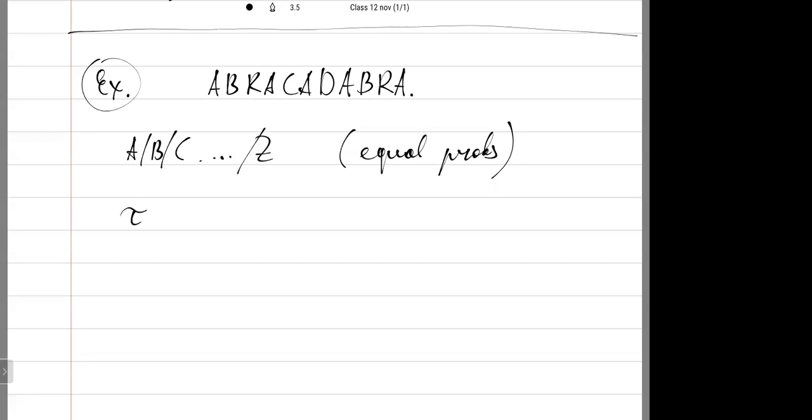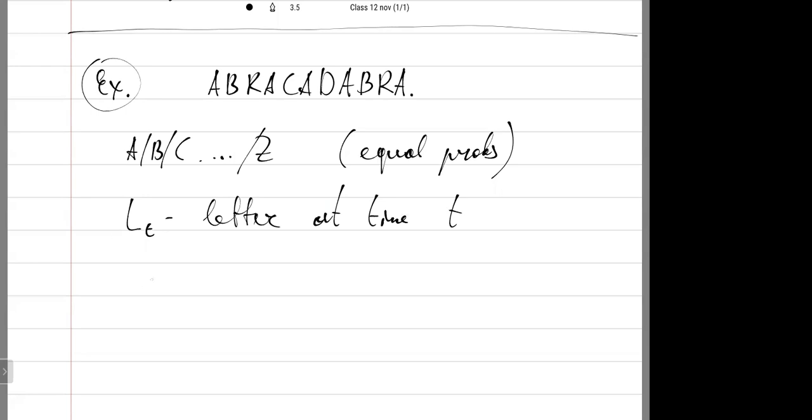Let's imagine L_t is the letter typed at time t. L_t is a strange random variable.